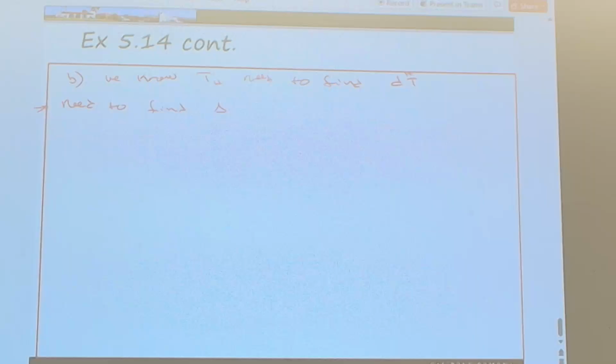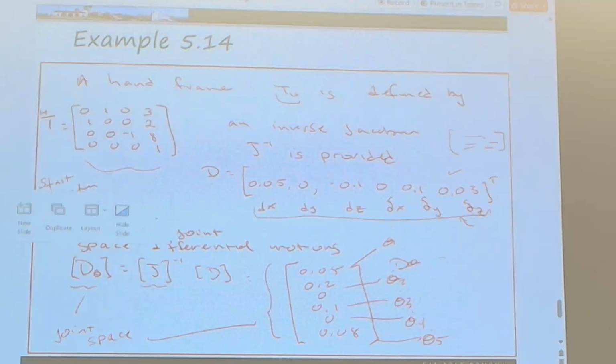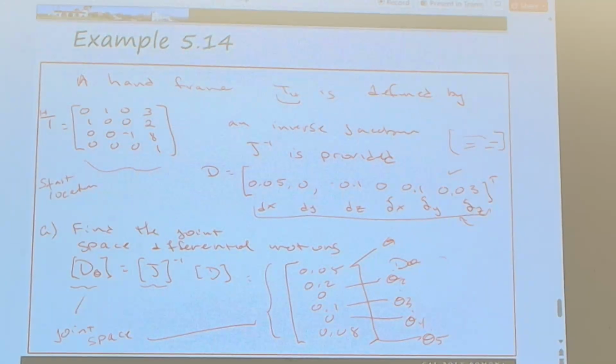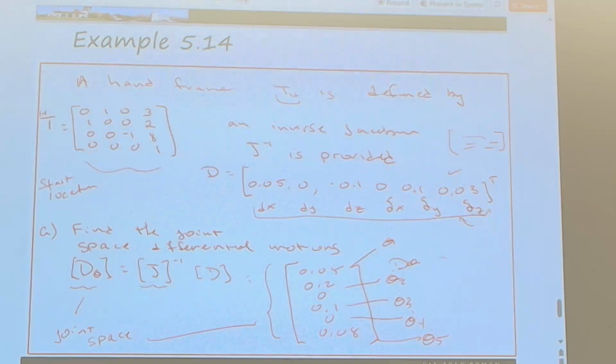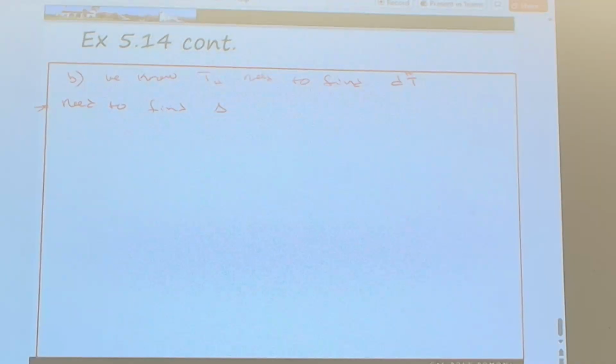Yes, it's at this guy right here. This is our starting location, our T vector. Now we're going to turn the motors at this velocity. Does it tell us for how long? No, because we're just going to find the differential amount. Exactly.